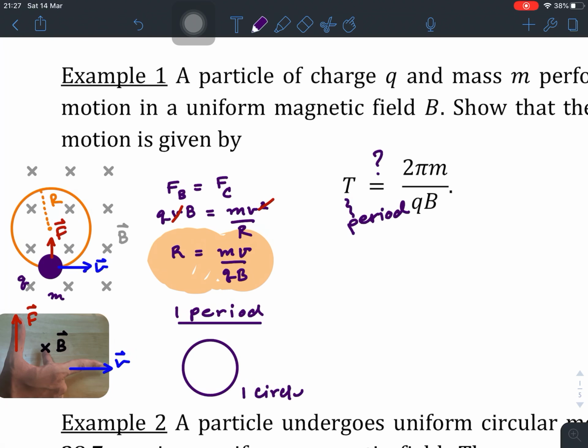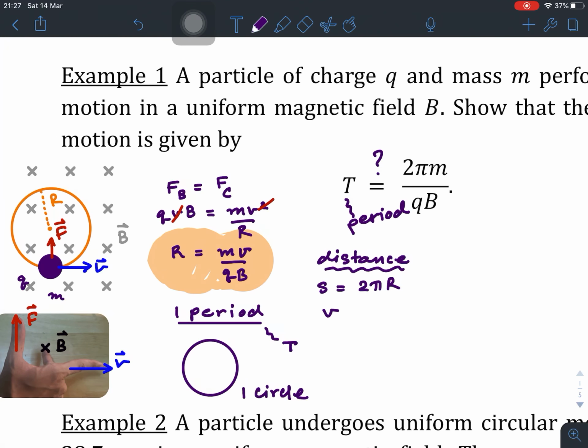So for one circle, what is going to be the distance? The distance will be the circumference of the circle, which is s equals 2 pi r. And one period of time would be equal to T.